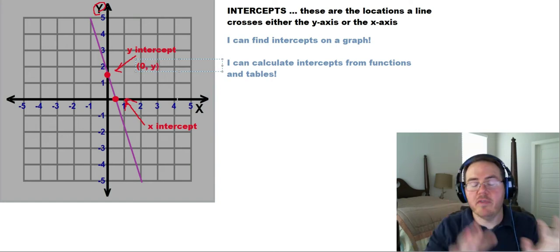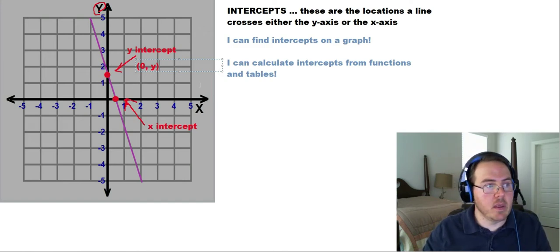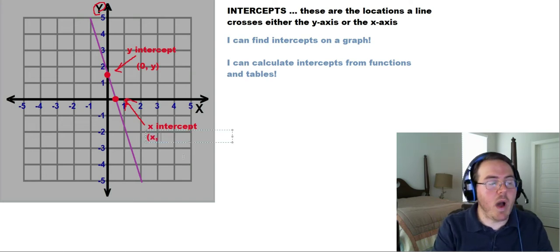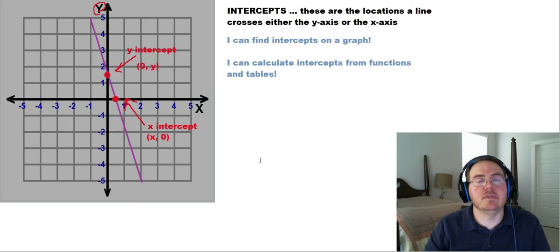Okay, well, we'll figure out how to get y later, but right now, all I know is that the x value for that coordinate is 0, because it doesn't go over at all, it just goes straight up. And the x-intercept has the inverse. It's going to have an x value, and then its y value is always going to be 0. So that is something to understand. So basically, intercepts are where the line, our function, crosses the y-axis and the x-axis.